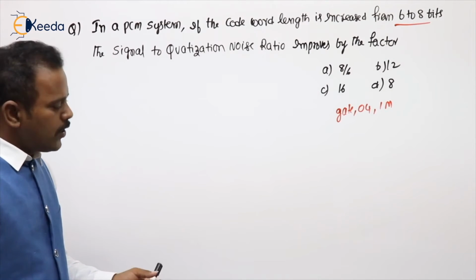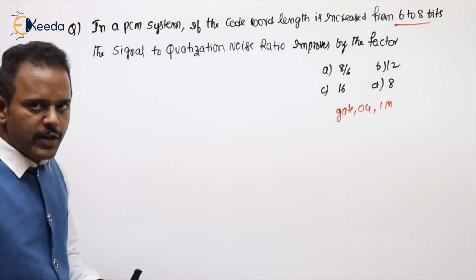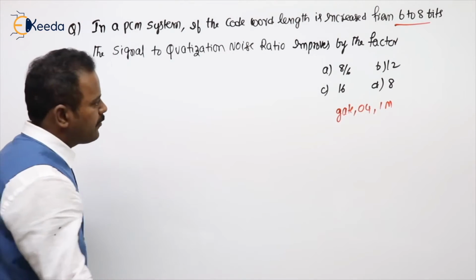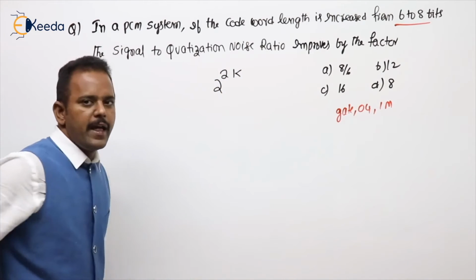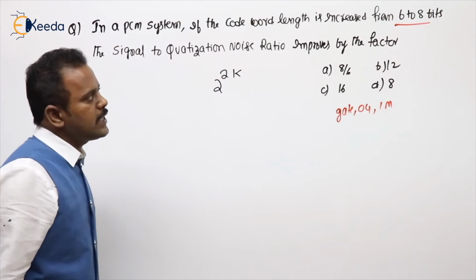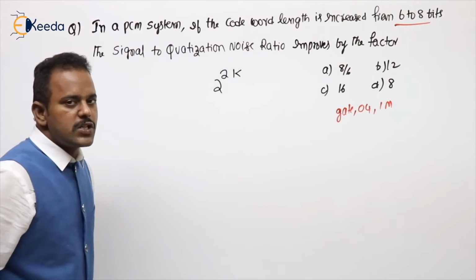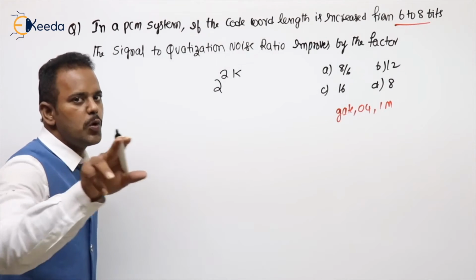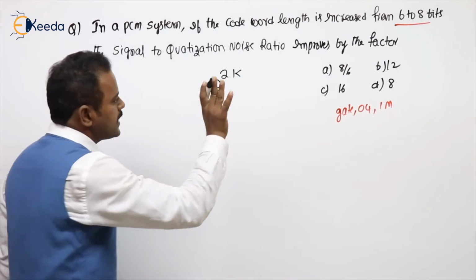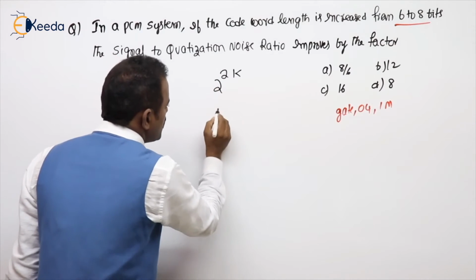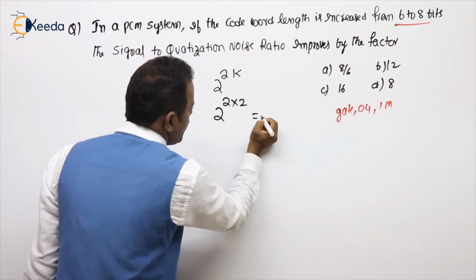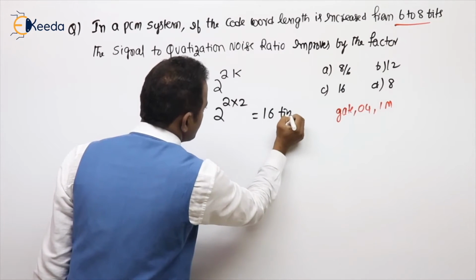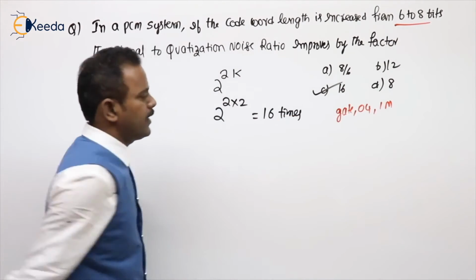We already know the improvement factor for signal to noise ratio. If k bits are increased, it is 2 power 2k. Here the number of bits increases from 6 to 8, so 2 bits increase. 2 power 2 into 2 is 2 power 4, so 16 times will be the improvement factor.